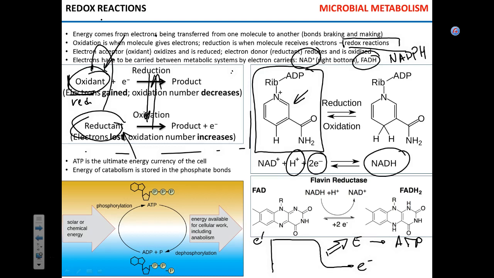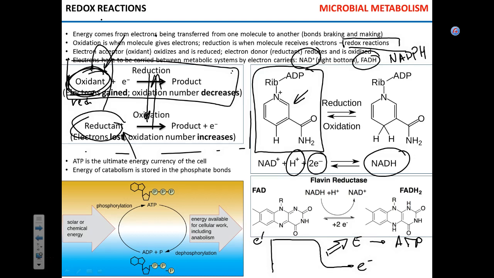Now let me ask you this. When NAD+ receives electrons, and refer to the left panel as well, is it reductant or oxidant? NAD+ receives electrons. Look at the left panel. What receives electrons? The oxidant.